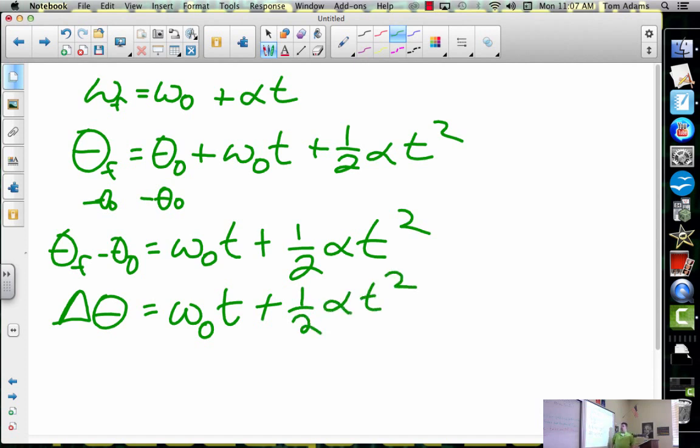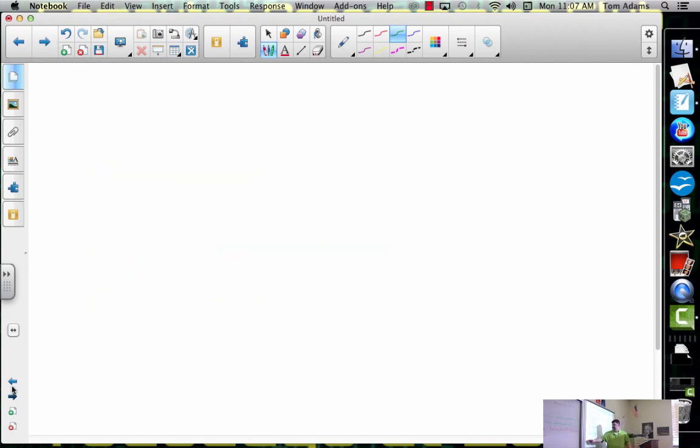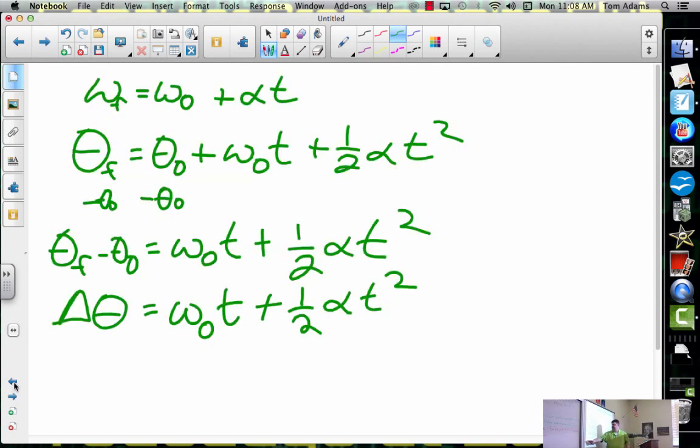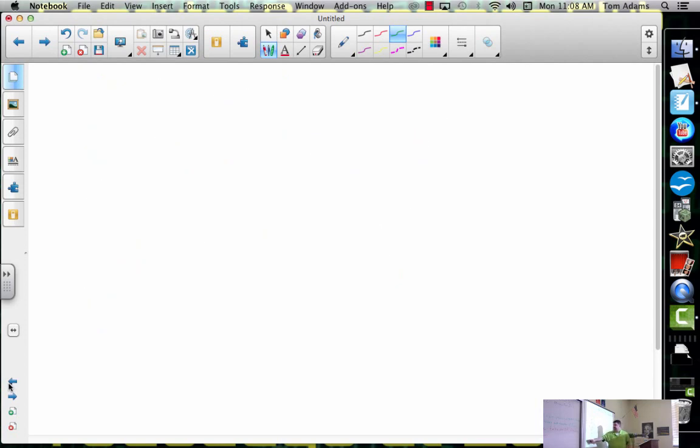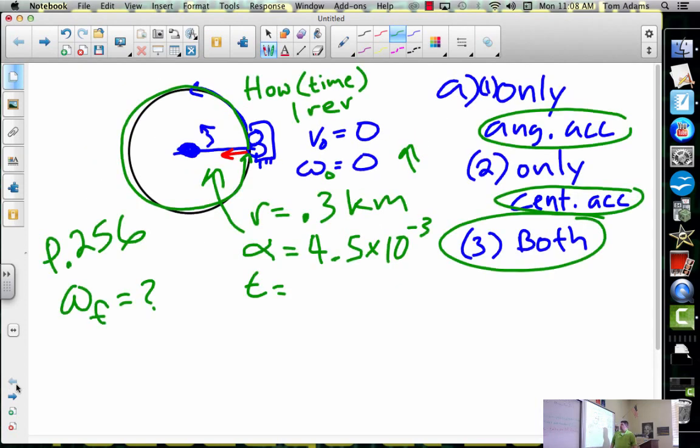Okay. Well, do I know the change in theta? Well, what was my initial theta? How many radians did I move when the car first started? Right? The car started here.